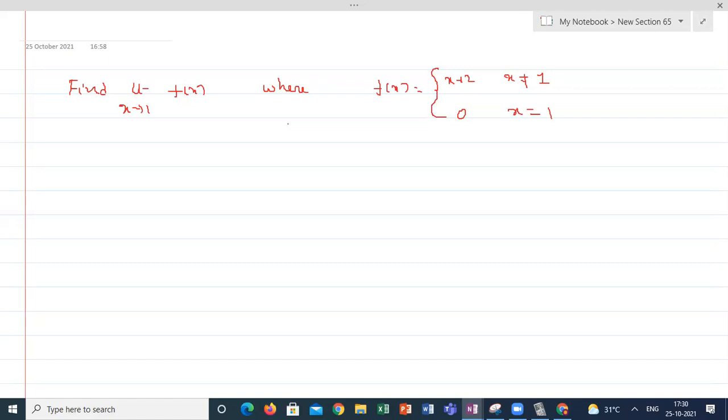Please solve this question. For x is not equal to 1, this is the value. For x is equal to 1, this is the value. How we can discuss this question?